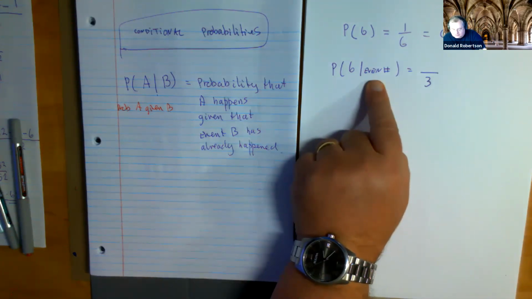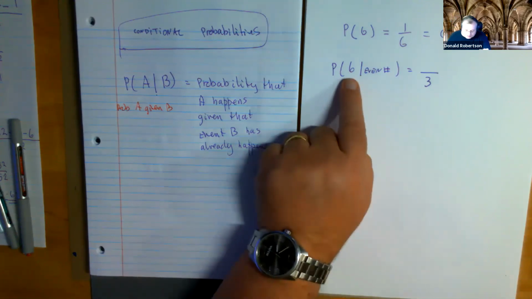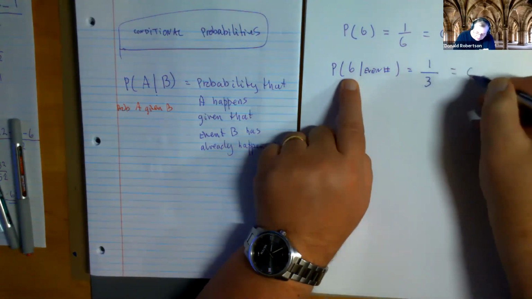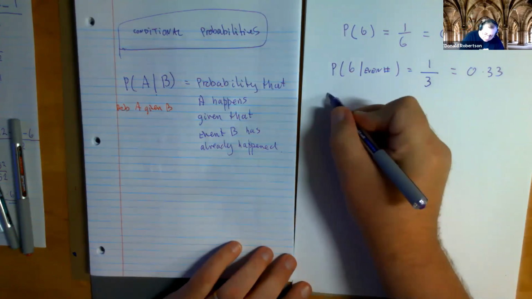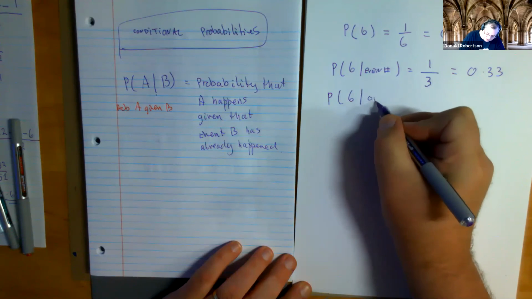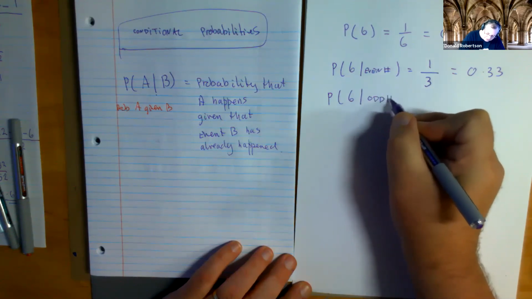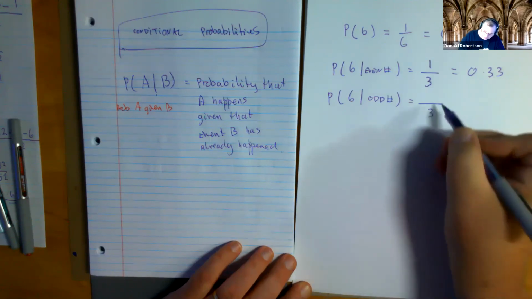You take this B as being a given event, right? Something that is true. So if it's true that it's even, there's only 3 of those. And one of those is a 6. On the other hand, if I said to you, what's the probability that you get a 6, given that you know it's an odd number that happened? Well, there's 3 odd numbers.